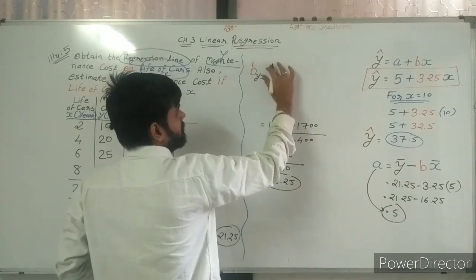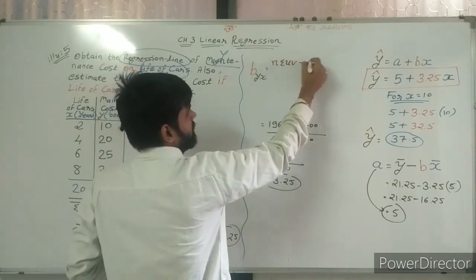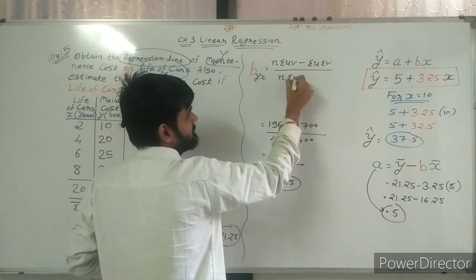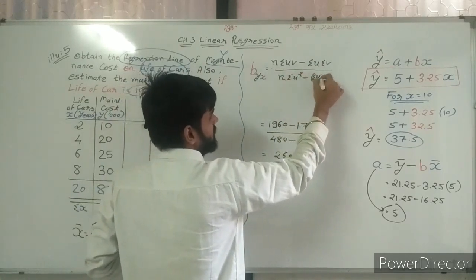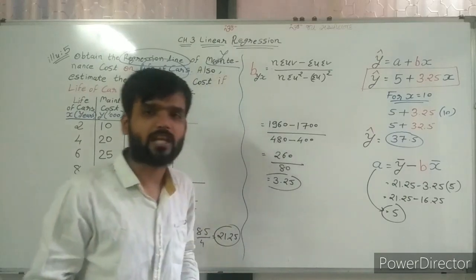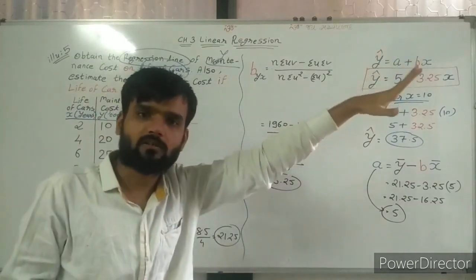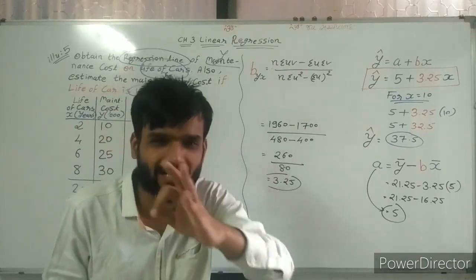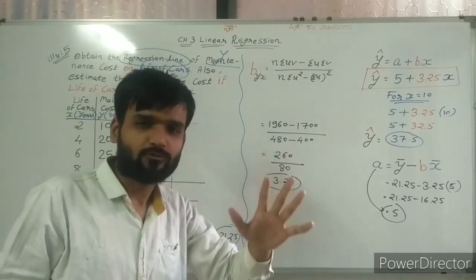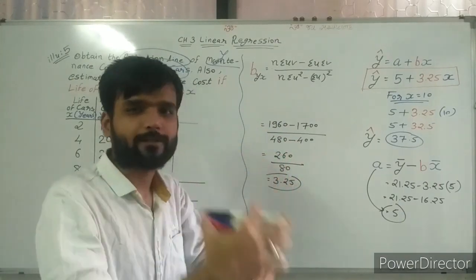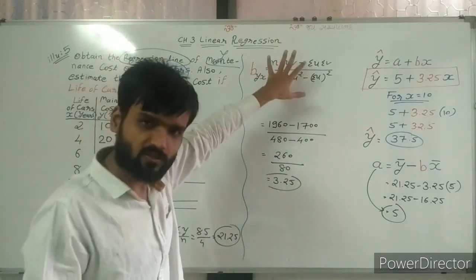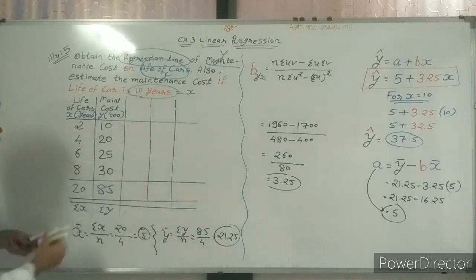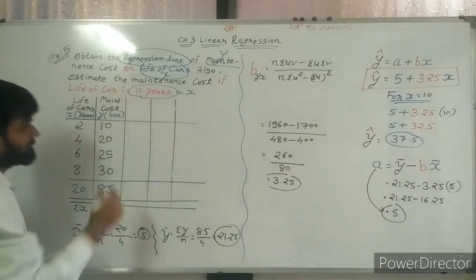N sigma uv minus sigma u sigma v divided by n sigma u square minus sigma u whole square. This formula we can make by using the Karl Pearson formula. I will tell you something new later. Don't worry about it. In the last lecture also we have written this formula. Now, see here. First of all we are writing u and finding the value of u.